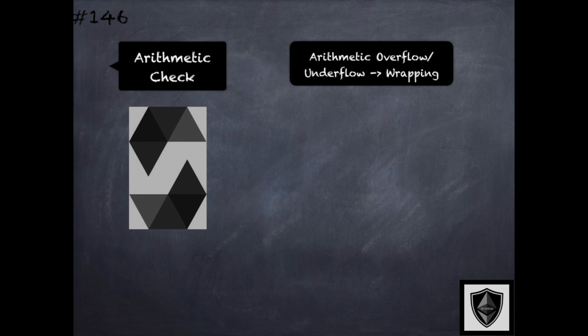And this, as you can imagine, can have big security implications because the values of those variables, maybe it's representing the balance of that account or something else within the context of the application logic, now wraps around and becomes either 0 or the maximum value, which can totally change the application logic that is working with such variables.